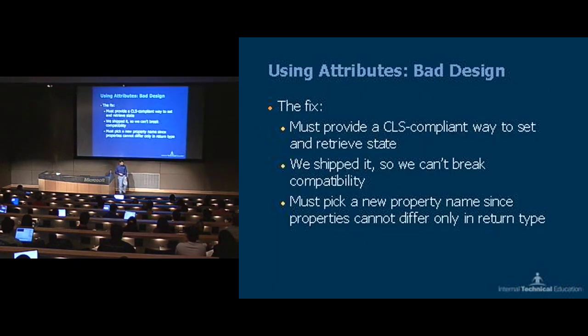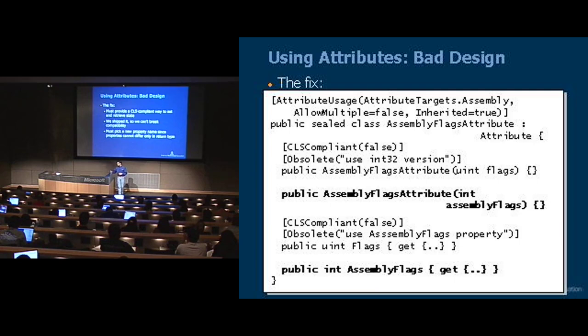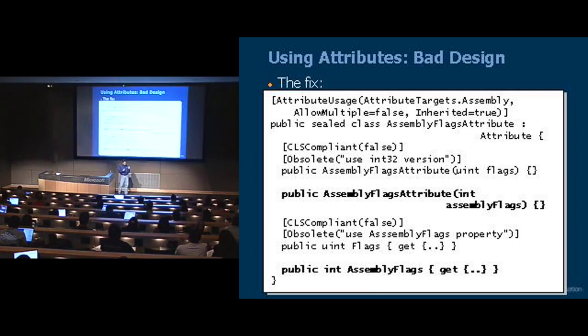And then after we shipped V1, we get this call from some Visual Basic user who says, hey, I want to use this API, but I can't because it uses these unsigned types that I can't access. So we're like, okay, yep, we made a mistake there. So we have to fix it. But because it's a property name, we can't differ only in return type.